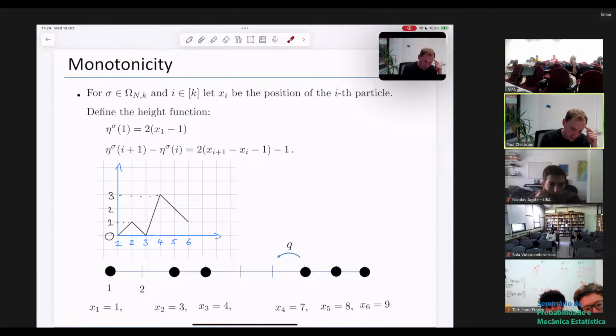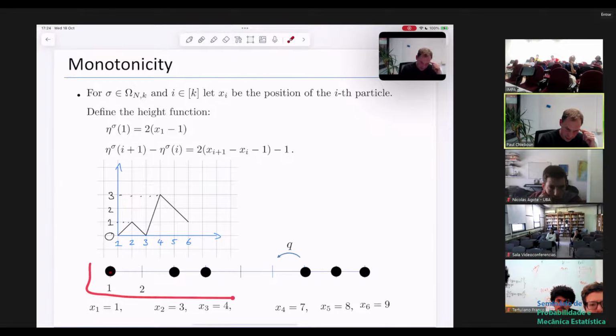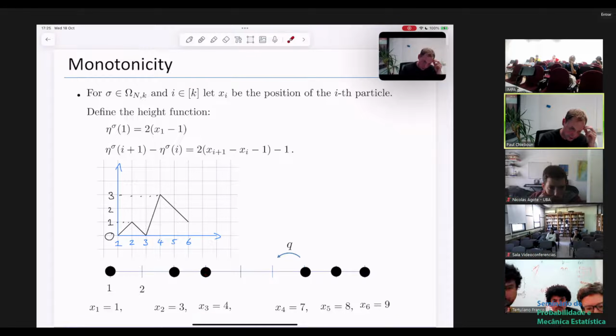And to define it, for a given facilitated exclusion process configuration, I first order the particles from left to right. So I've got particles labeled 1 up to k. k is the total number of particles. And I call x_i the position of the ith particle. Okay, so that's going on down here. So this is my facilitated exclusion process configuration. Particle 1 is at site 1, particle 2 is at site 3, particle 3 at site 4, etc.